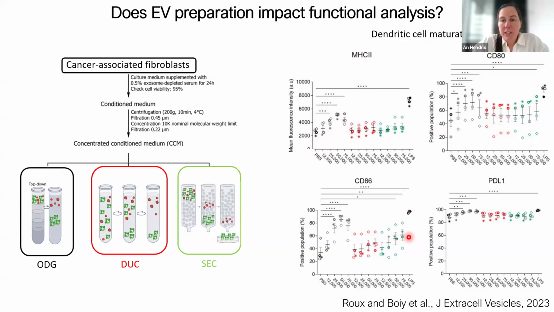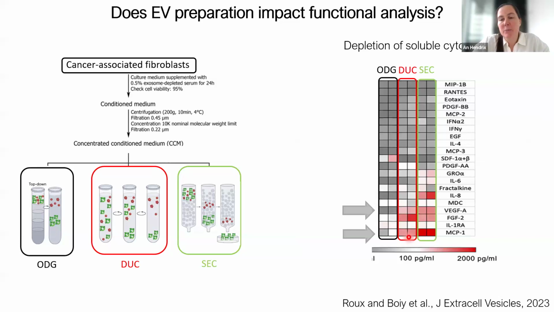Of course, also here we did a further assessment to identify the reasons for these differences between the isolation methods, and we noticed that in contrast to density gradient centrifugation, differential ultracentrifugation and size exclusion chromatography did not efficiently deplete soluble cytokines that were present in these samples and that also have an immune inhibitory role or function.